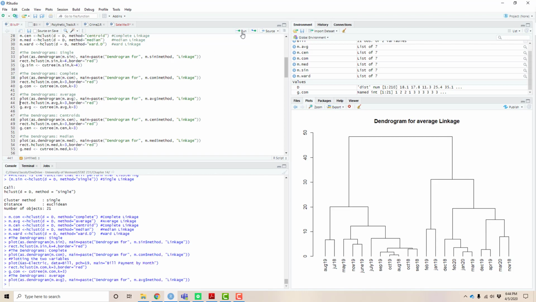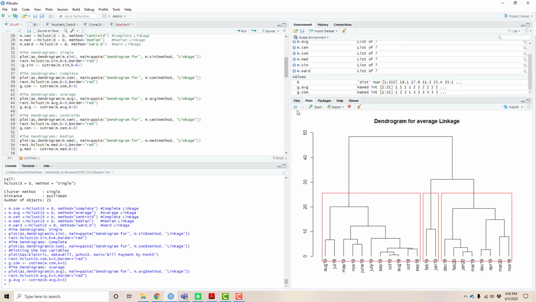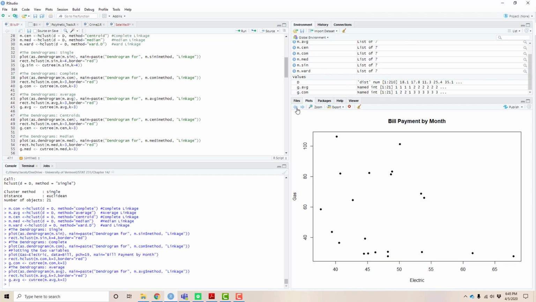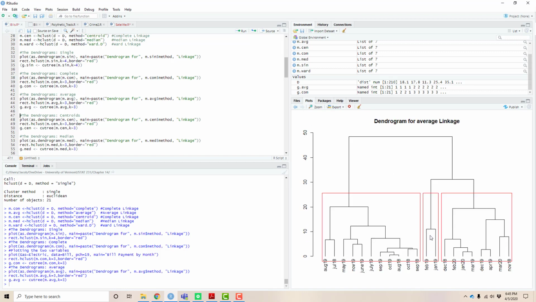So if we form the dendrogram for those, it appears that it also believes there should be 3 clusters, but the clusters are a little bit different than the ones that single linkage or complete linkage made. And if you notice, the smallest one is 4 months in this one, whereas what average linkage did is it took the 2 months that were really cold and formed them in their own cluster. Then we have your typical winter months and your typical summer months.